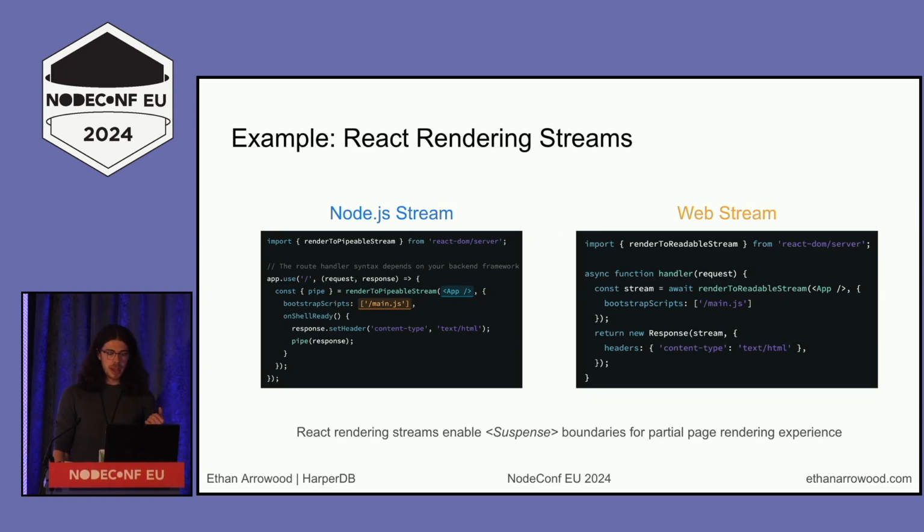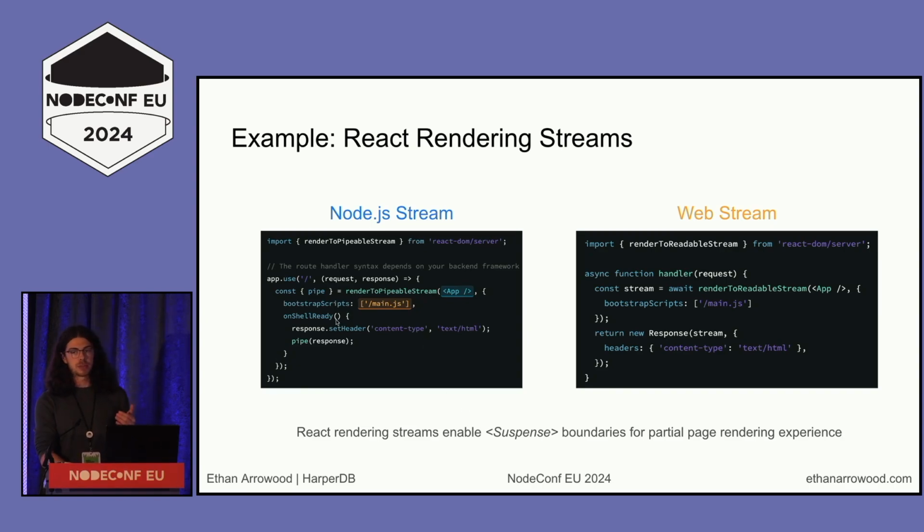Moving on to the next example, React rendering streams. We won't go too much in detail here, but taking from the React docs, you can see on the left-hand side the node stream, which is renderToPipeableStream. The format of this is very interesting, but they have this callback onShellReady.